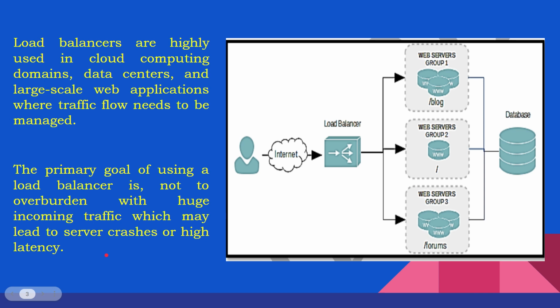Sometimes if data comes in and out of the server in a heavy manner, the server crashes, or there will be much delay. Latency means delay. So the primary goal is to balance the load, that means not to overburden the incoming traffic of any server.